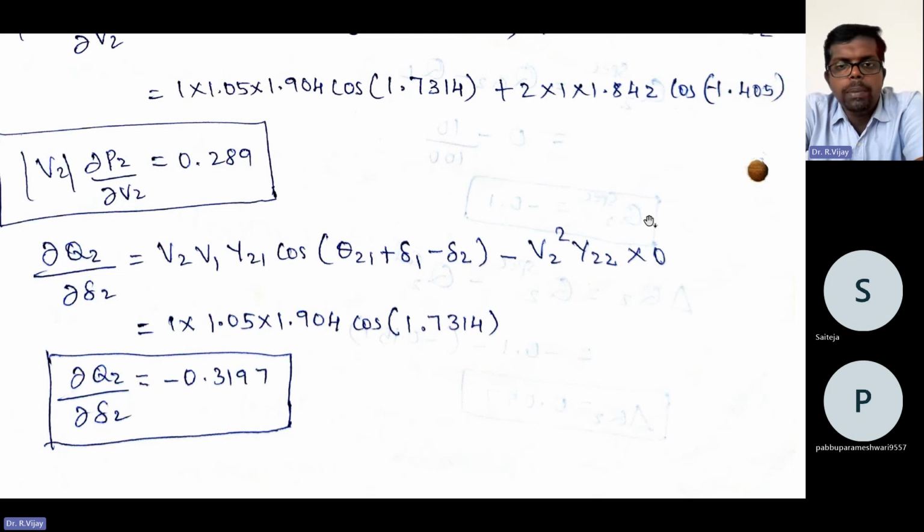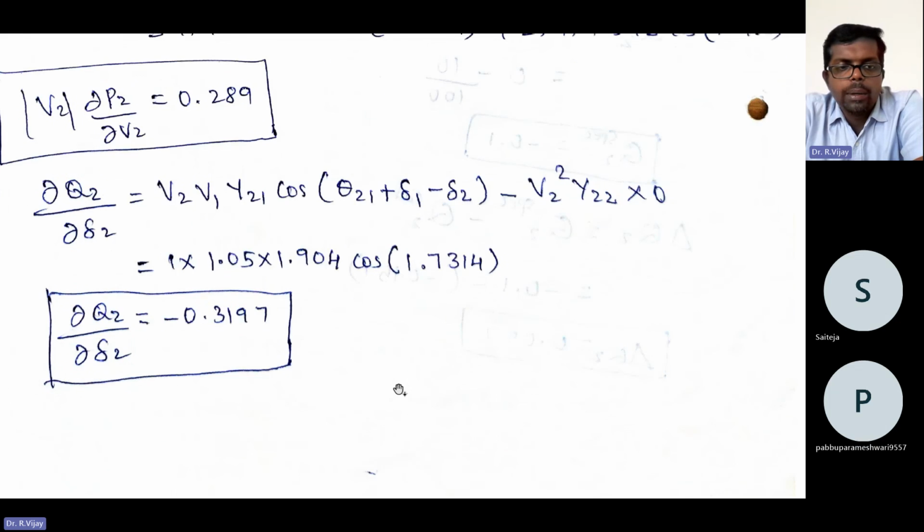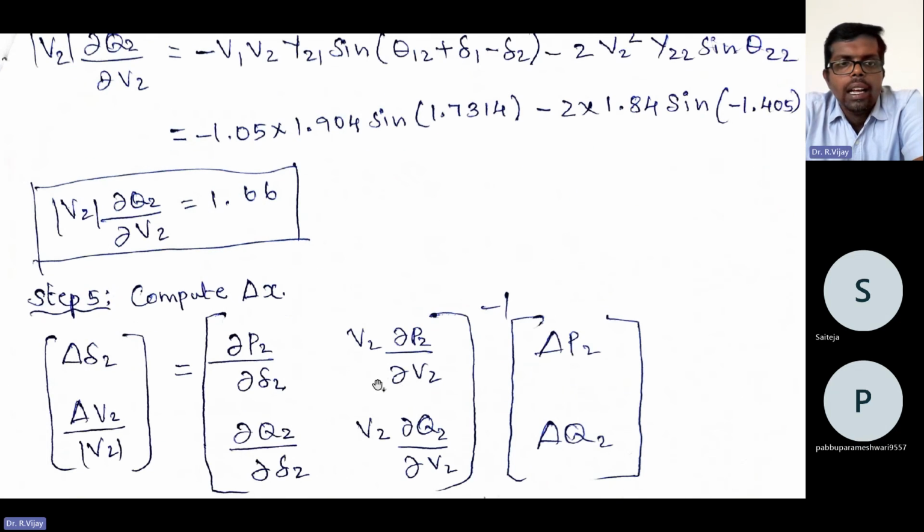This term will become 0 because the cos term at the angle of 0 becomes 0, so this whole term becomes 0. Next, just substituting, you'll get del Q2 divided by del delta 2 equal to minus 0.3197. Just substitute this in the Jacobian matrix like this.